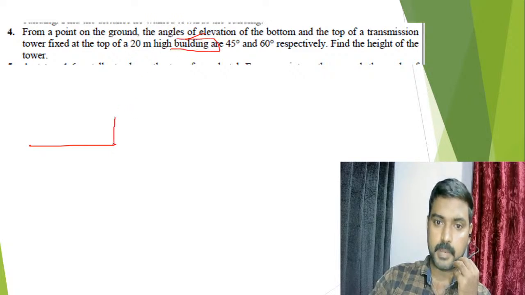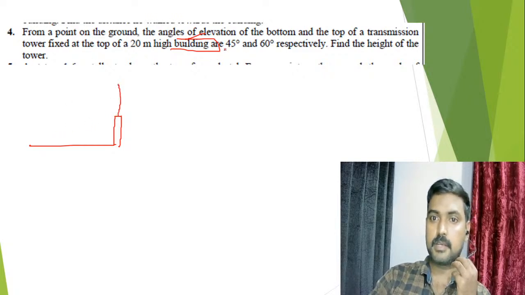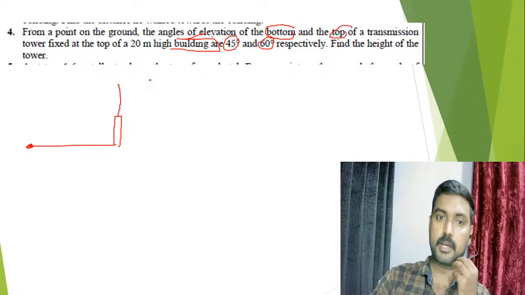So there is a building and on the top of that building one tower also there. So it says that this 45 degree and 60 degree are the angles of elevation from this point on the ground. But first we are looking to the bottom and later we are looking to the top of the tower. Bottom of the tower means here the building's top and it is the bottom of the tower.